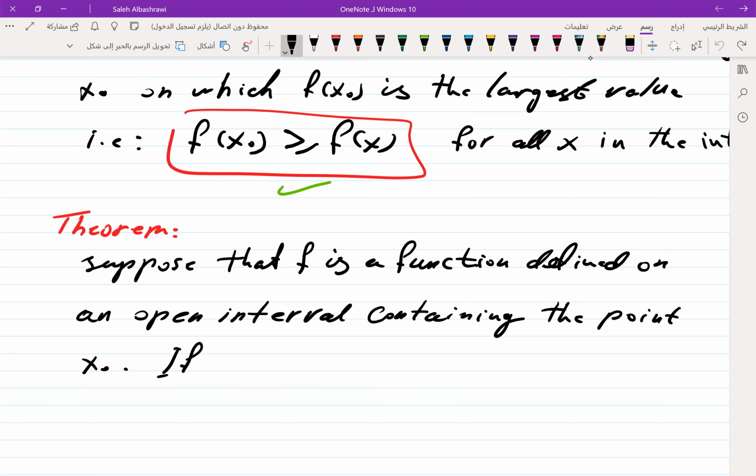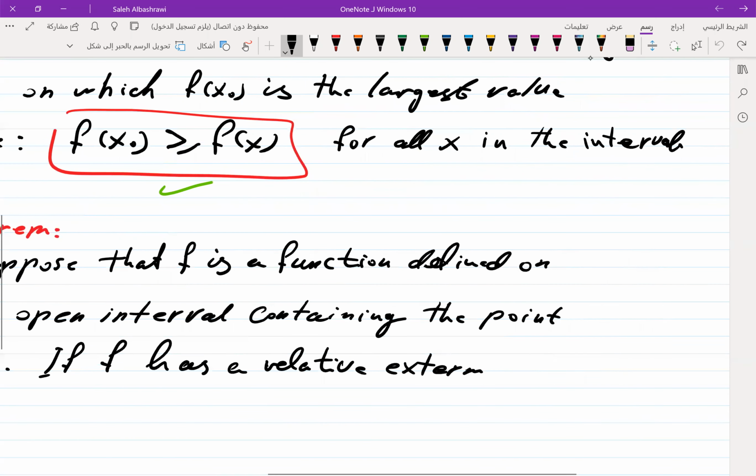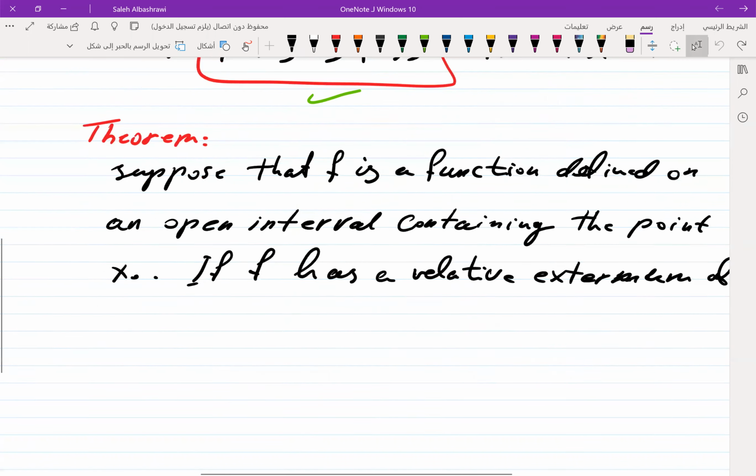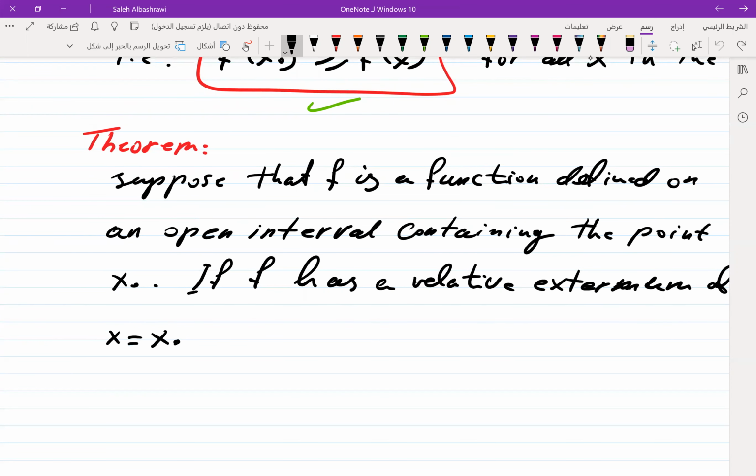If f has a relative extrema at x equal to x sub 0, then x equal to x sub 0 is a critical point.